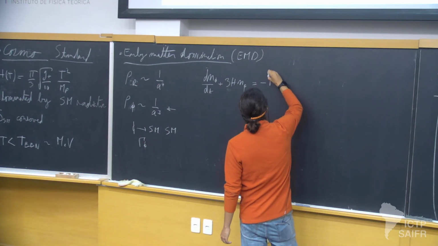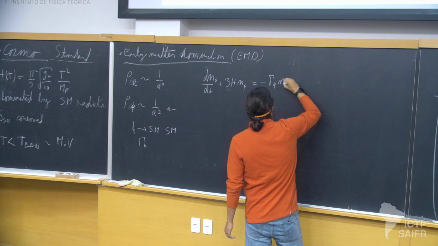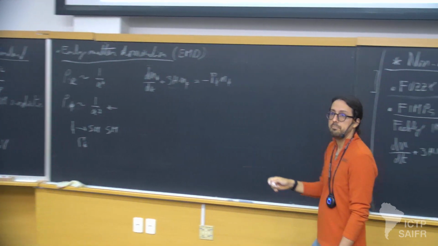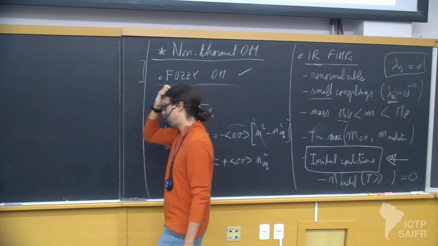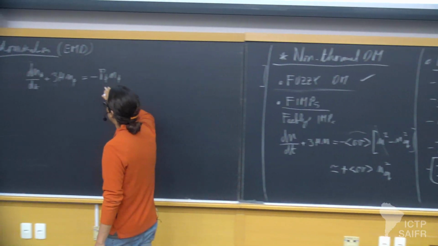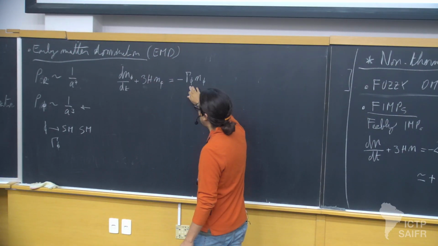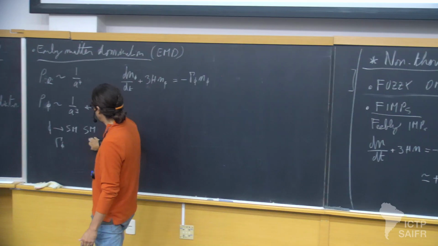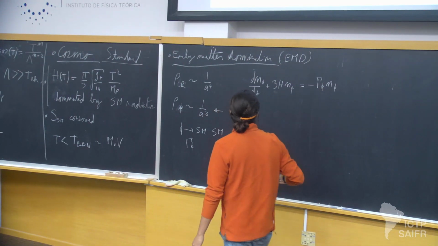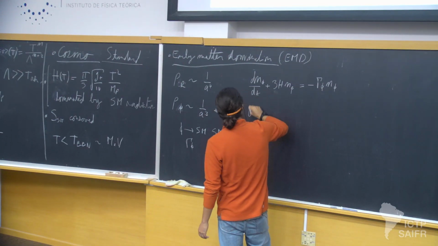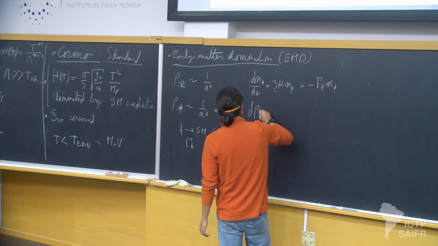So it will be minus gamma_phi times n_phi. That's the Boltzmann equation for its number density. So this particle is decaying into standard model radiation, and we can write the equivalent equation for the energy density of radiation.